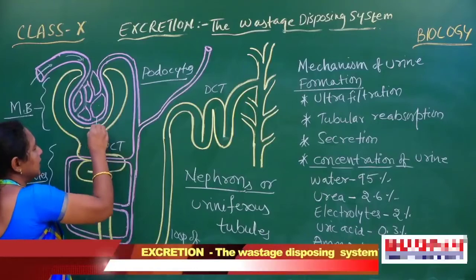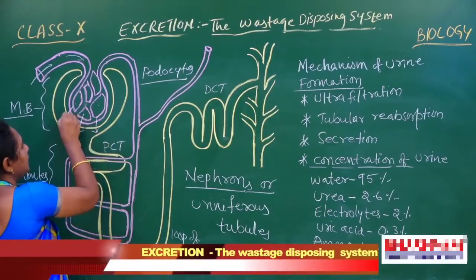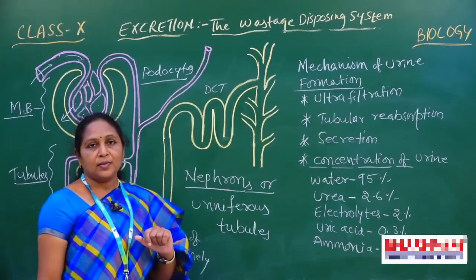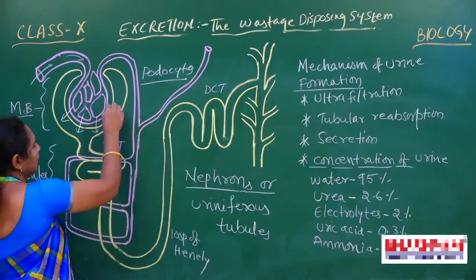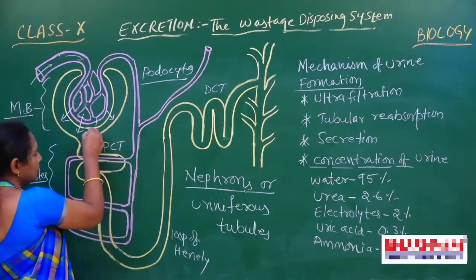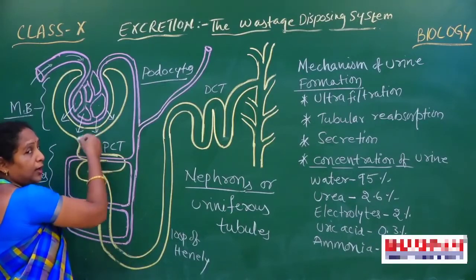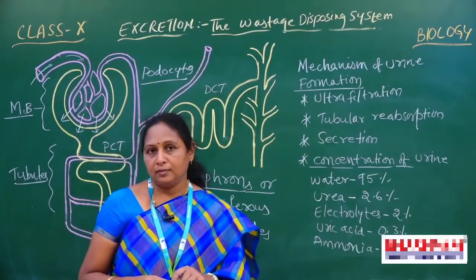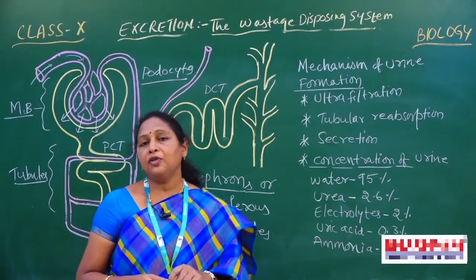As a result, the filtrate passes on to the Bowman's capsule. The blood water filtered from the glomerulus, we otherwise call primary urine. What do we call it? Primary urine.